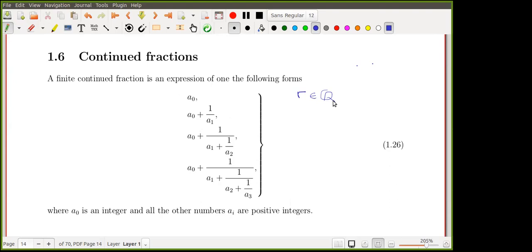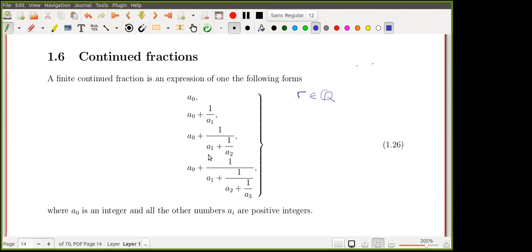If R is a rational number, we are sure that our continued fraction will be finite. Otherwise, we can have an infinite representation of this form that continues forever. But we want to stop, because in our case we are dealing with rational functions, meaning that if we perform continued fraction, we have a finite number of terms in such a decomposition. That's why we are going to use just finite expansions in our continued fractions.